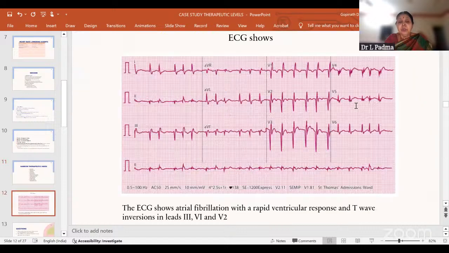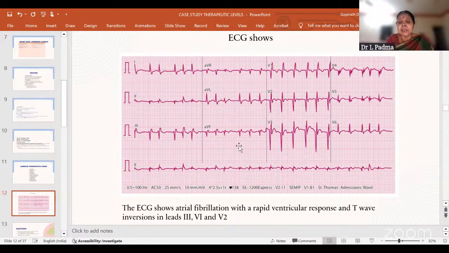So this is the ECG which is shown for atrial fibrillation with rapid ventricular response, and T wave inversions are seen in lead 3, aVF and V2. Lead 3, that is here, where we see these T wave inversions.